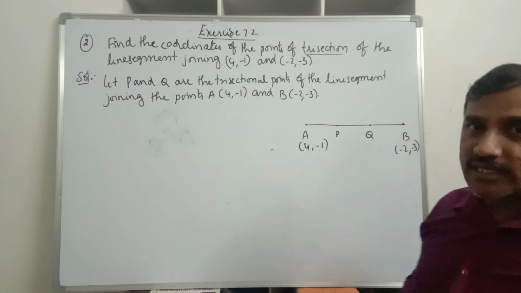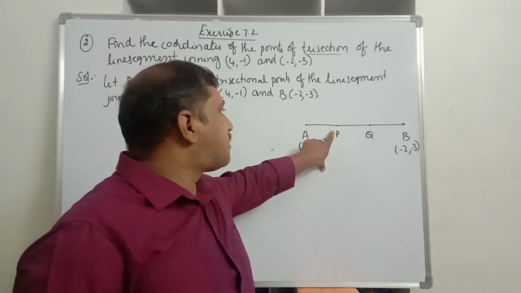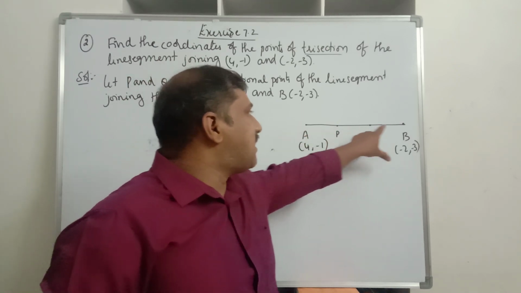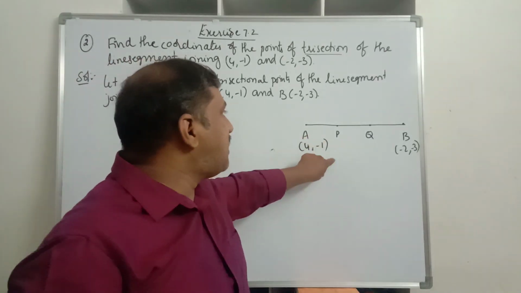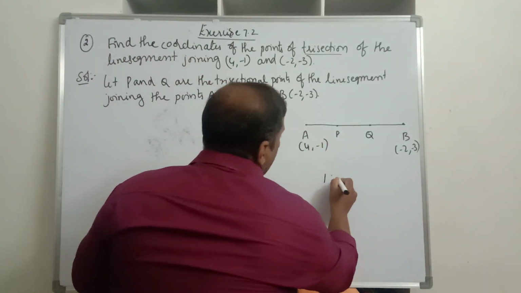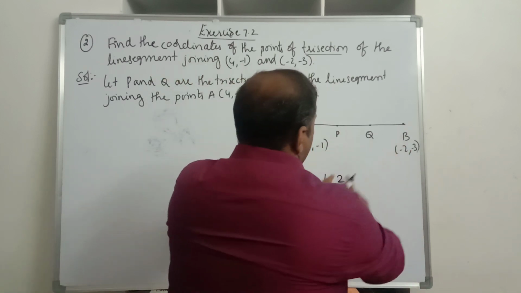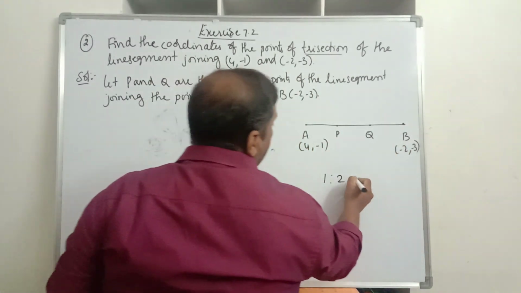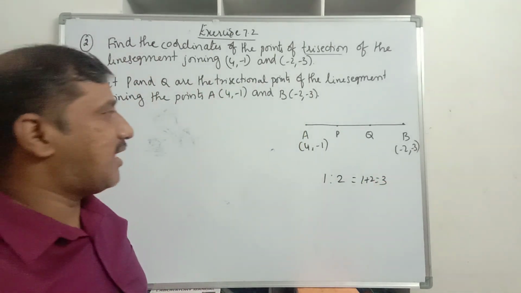We have to find the coordinates of point P and point Q. See here, observe this point P. Point P is dividing the line segment AB in the ratio 1:2. That is AP is equal to 1 part, and PB, this length, is equal to 2 parts. Total how many parts? 1 plus 2, that is equal to 3. 3 equal parts we will get.